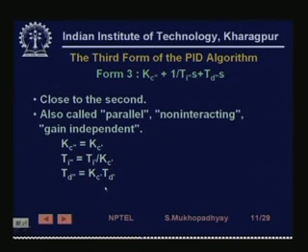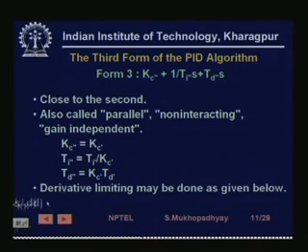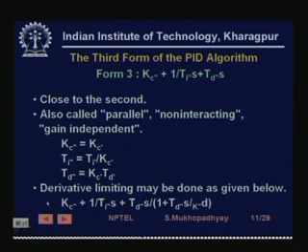These are the standard equations which you get, so this is the relationship between the third form and the second form. You already have a relationship between the second and the first, so you can substitute and get the other one, and you can similarly do a derivative limiting by having another lag term with the derivative term.